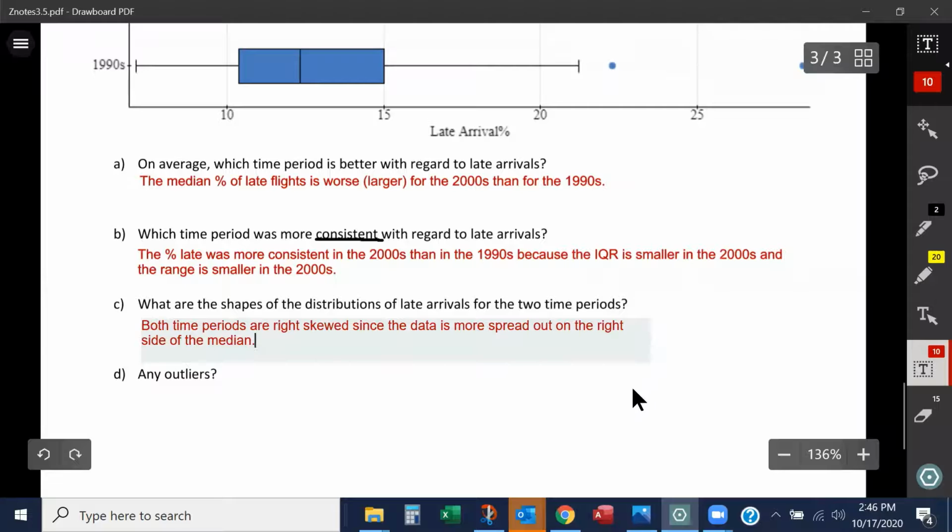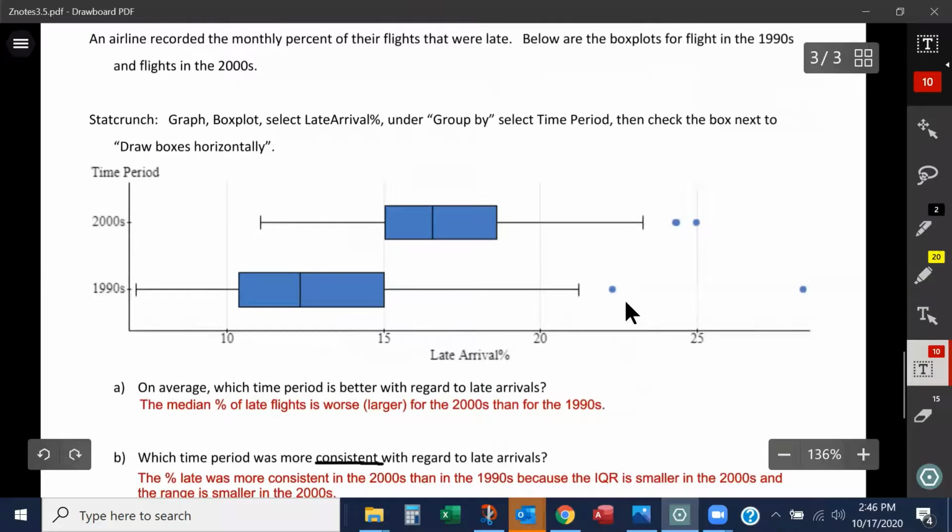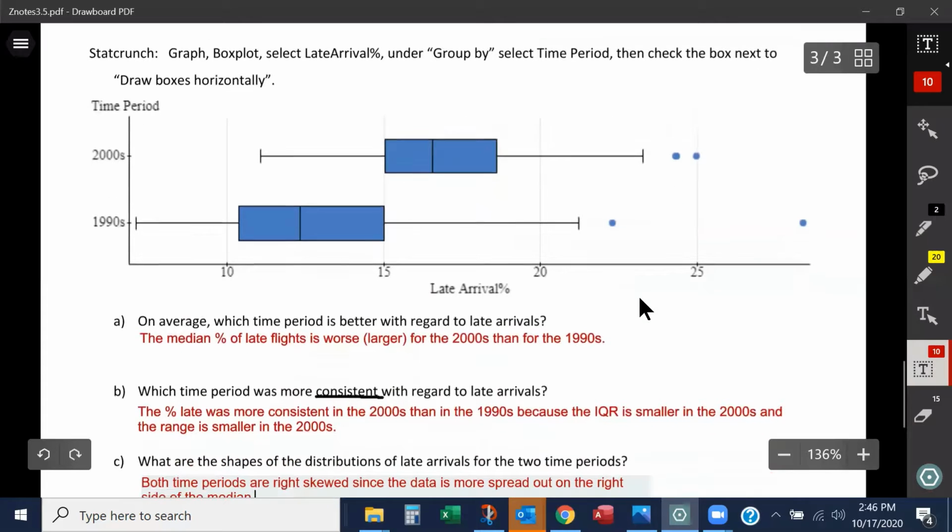So do we have any outliers? For box plots, it indicates whether things are outliers by these dots. In the 2000s, it looks like we have 2 months where we had an exceptionally high percentage of late flights, and the same is true in the 90s.